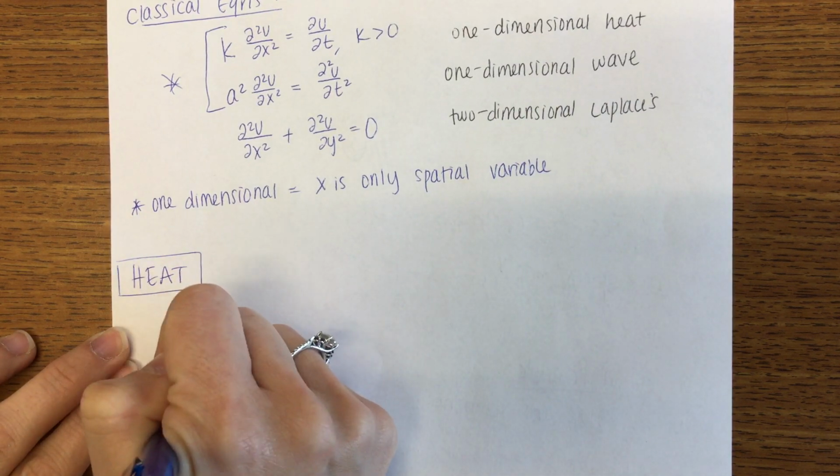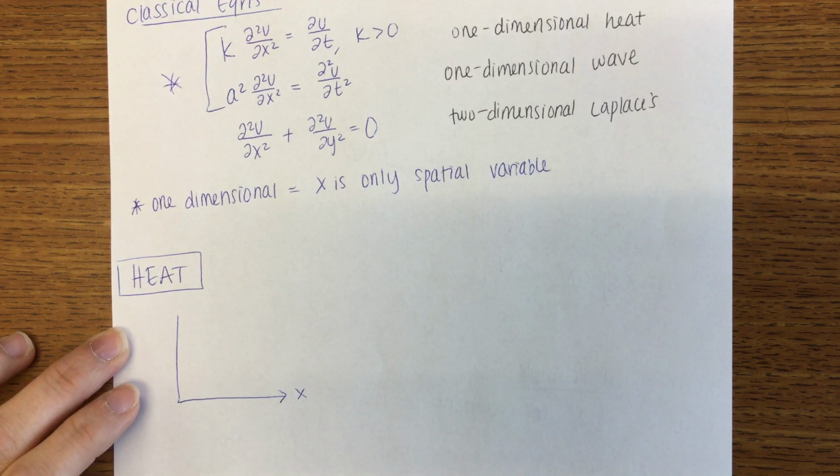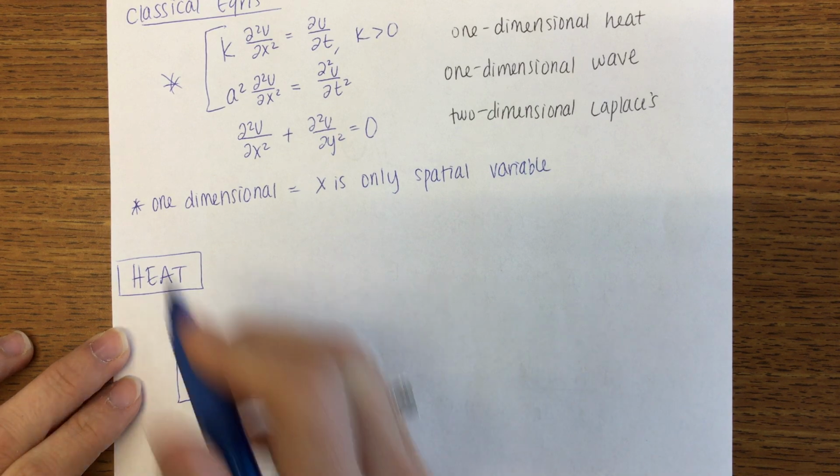Here's the idea with the heat equation. The x-axis is going to represent x, and you're going to have a thin rod that coincides with the x-axis.